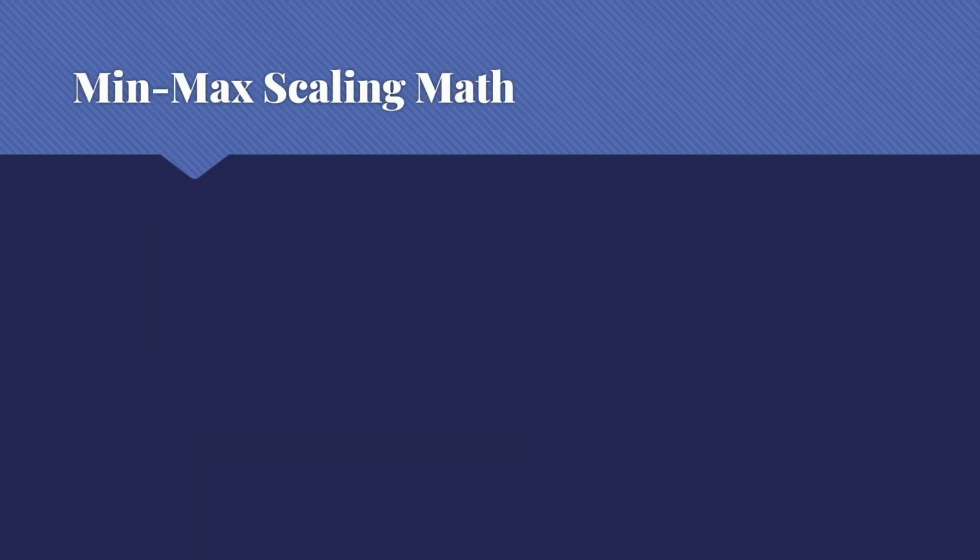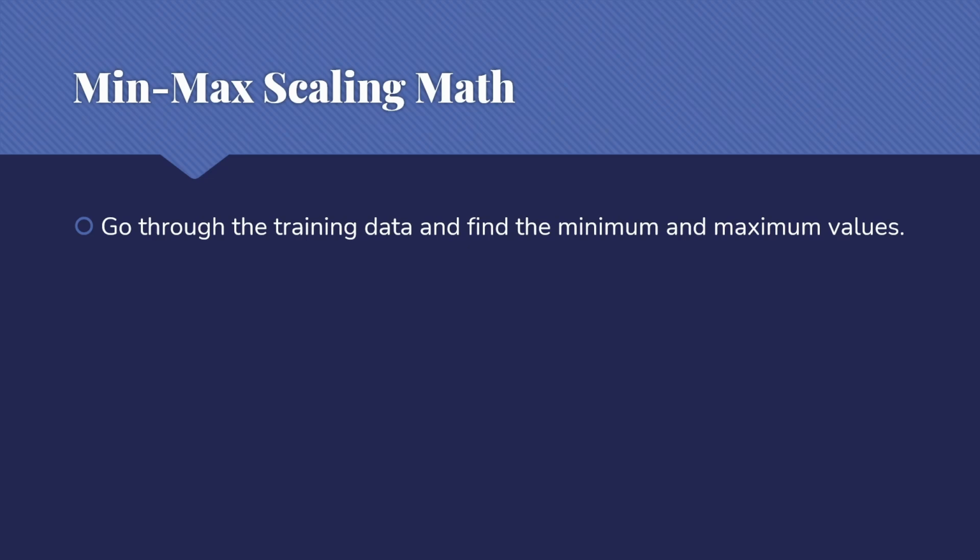I want to quickly look at the math for these two, min-max and the standard scaling, just to give you an idea of what this looks like, and that it's fairly straightforward, although you should never have to do it because machine learning libraries typically have these capabilities. As you saw, we were using the ones from scikit-learn. So first of all, for min-max, we're going to just go through the training data.